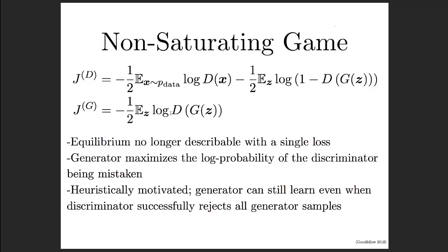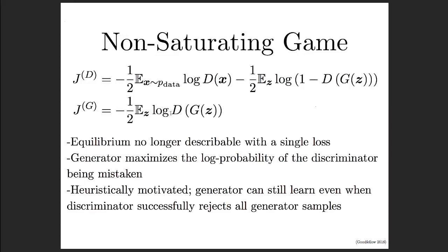So the discriminator has this particular property, but unfortunately, if we negate the discriminator's cost, then the generator has the opposite of that property. Whenever the generator is failing to fool the discriminator completely, then it has no gradient because the output of the discriminator has saturated. What we can do is, instead of flipping the sign of the discriminator's cost, we can flip the order of the arguments to the cross-entropy function.